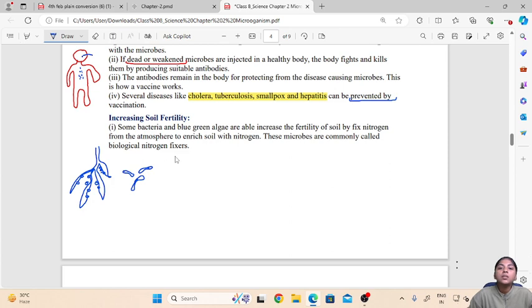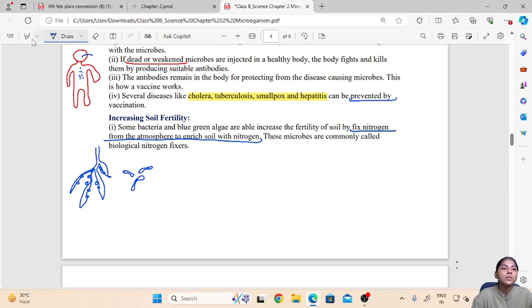Now what do these microorganisms do? They fix the atmospheric nitrogen which is present in the soil and make it available to the roots of the plant to take up. By fixing the atmospheric nitrogen, these microbes, the blue-green algae or the bacteria, enrich the soil with nitrogen, and this is how the plants have access to a lot of nitrogen in the soil.